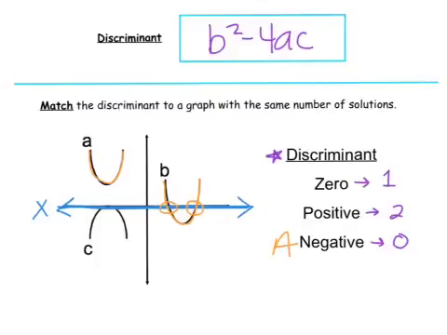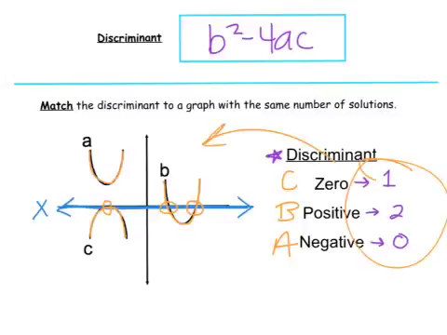That means we have 2 solutions, so the discriminant would be positive. And the third, c, has one intersection with our x-axis, which means the discriminant would be 0. So the discriminant not only tells us how many solutions we get, but we can also use it to help visualize our graph. Is it going to intersect twice, once, or not at all with the x-axis?